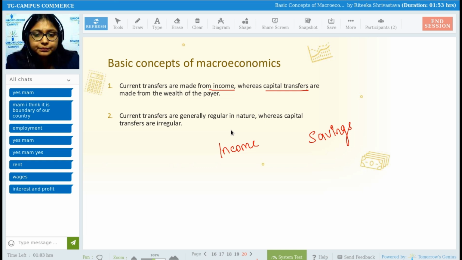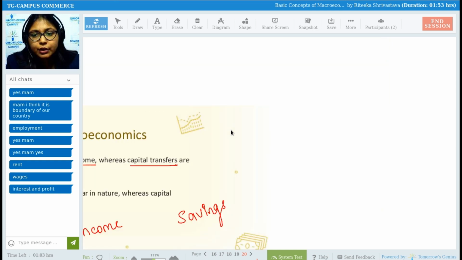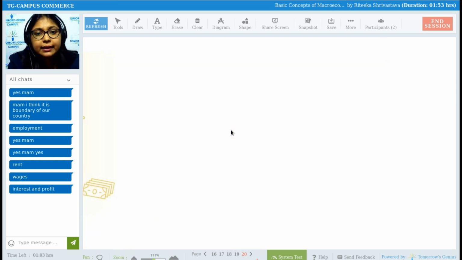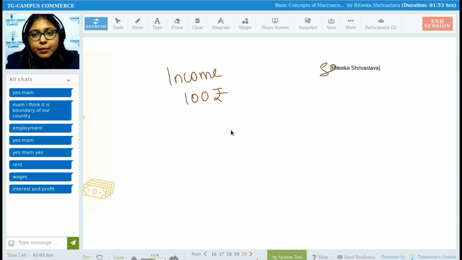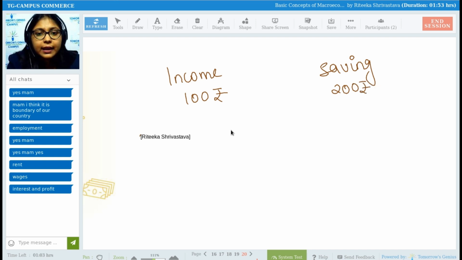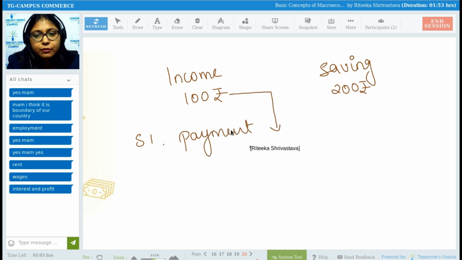Now, suppose my income is 100 rupees and my saving was 200 rupees. In situation 1, I have made the payment or the expenditure from this 100 rupees, for 20 rupees.